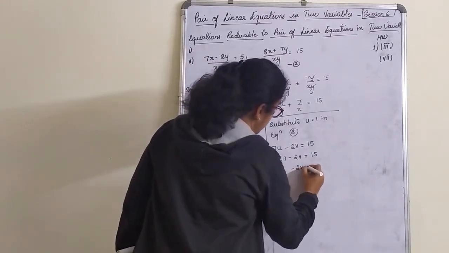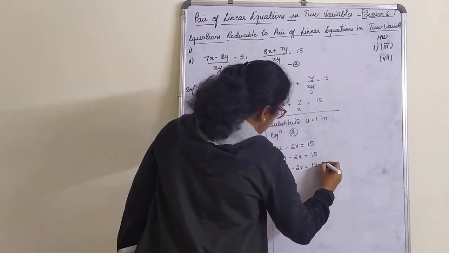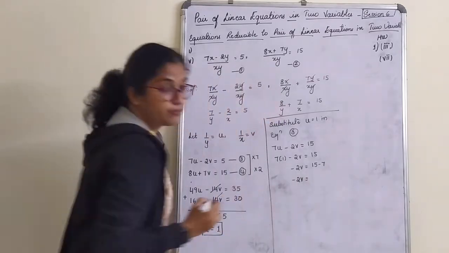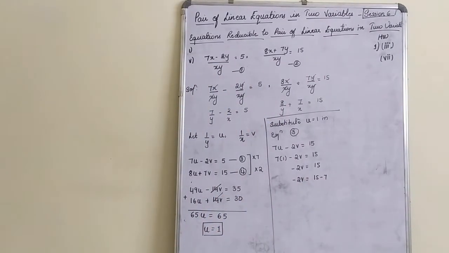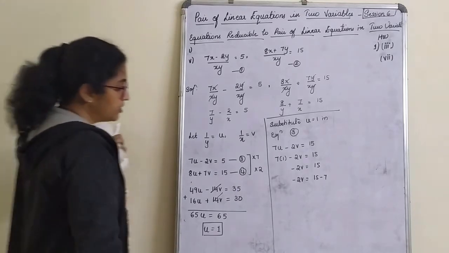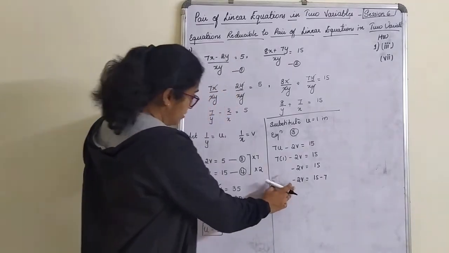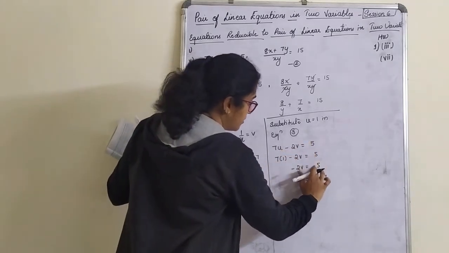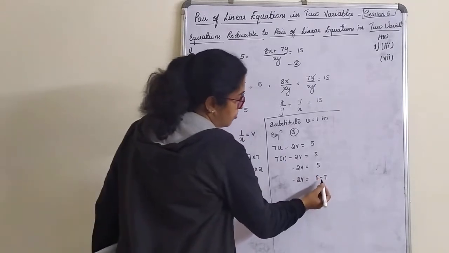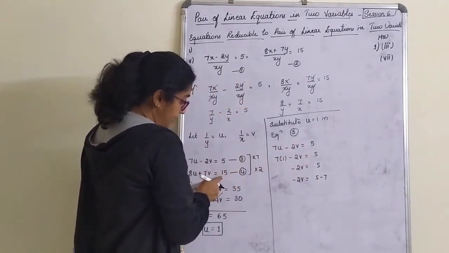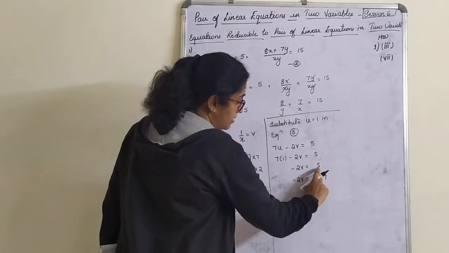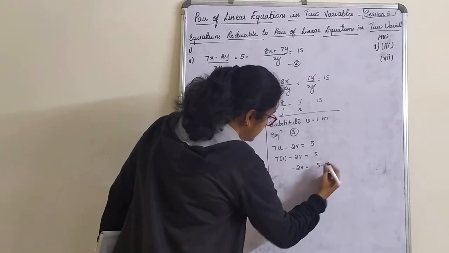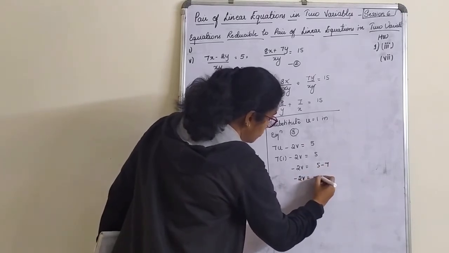Minus 2v is equal to 5 minus 7, so minus 2v is equal to minus 2.